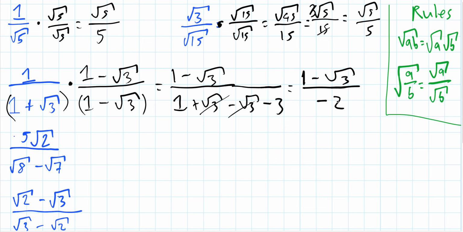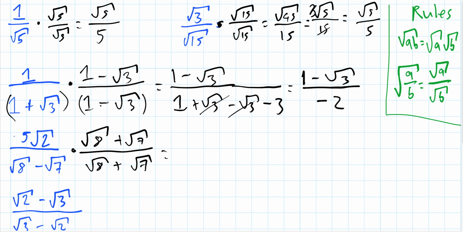Okay, next up we'll do the same here. Multiply by square root 8 plus square root 7 over square root 8 plus square root 7. Now the reason we do that is we just want to get rid of the square root in the denominator.